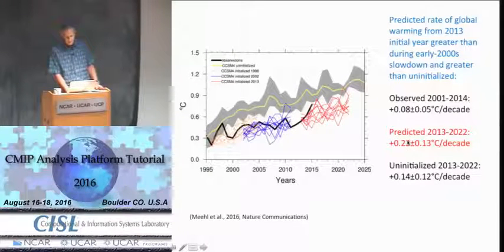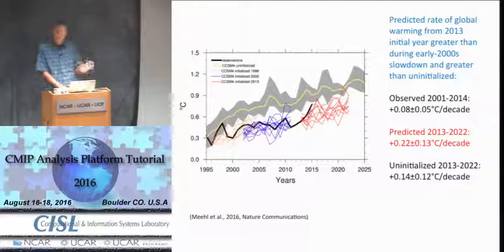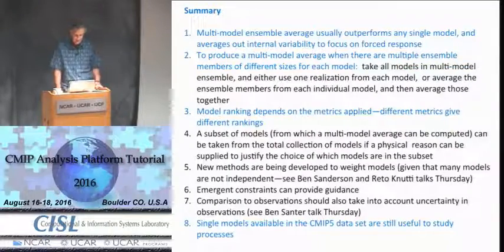Uninitialized is about half of what the initialized prediction is, about 0.14. So stay tuned, come back in 2022, and we'll see how we did, which is the beauty of decadal climate prediction. You have to wait around a long time, and people may forget about what happened.